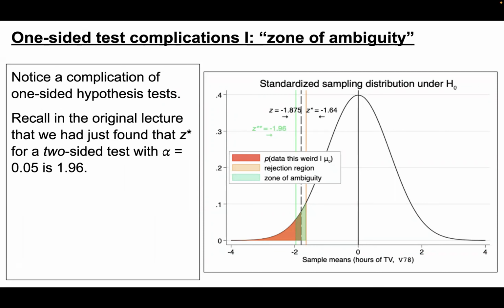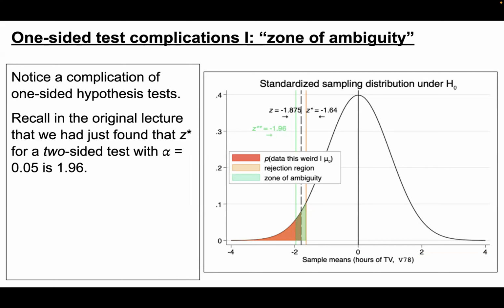What that means is that a z-score of 1.96 has basically 2.5% of the area under the curve to the right of it, and negative 1.96 has 2.5% of the area under the curve to the left of it. So together, that pair of critical values, plus or minus 1.96, corresponds to 95% of the area under the curve between the two, and then 5% outside.